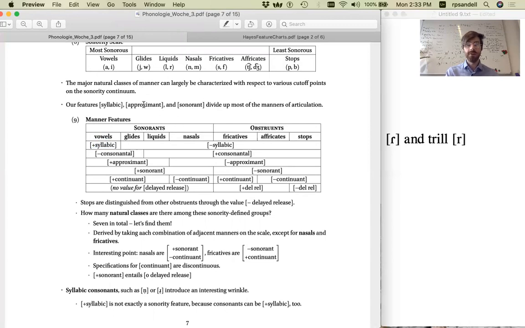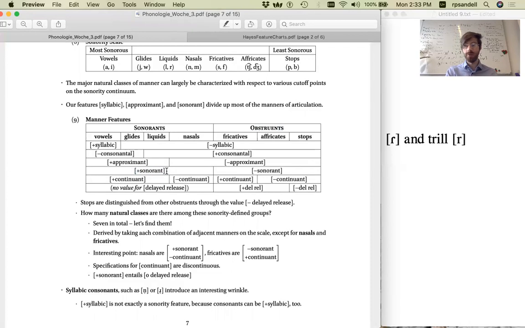The feature sonorant, if we come down here, is going to be used for making the traditional division between so-called sonorants and so-called obstruents. One typical correspondence between non-sonorant and sonorant sounds is that in many languages, all sonorant sounds, that is the nasals, liquids, glides, and vowels, are specified as being voiced underlyingly, whereas obstruents may have contrastive voicing.